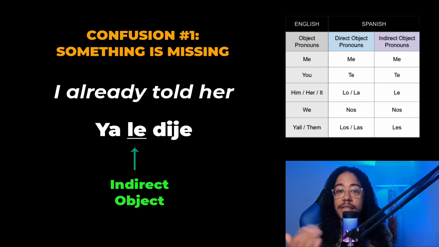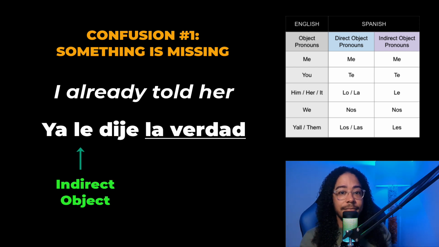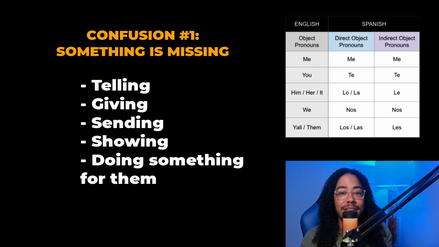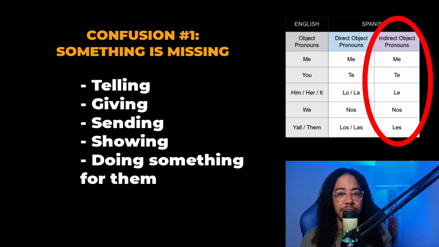So this could say something like, ya le dije la verdad. In this case, la verdad would be the direct object because the truth is what is being told. Anytime you talk about telling, giving, sending, or showing something to someone or doing something for them, they are the indirect object.